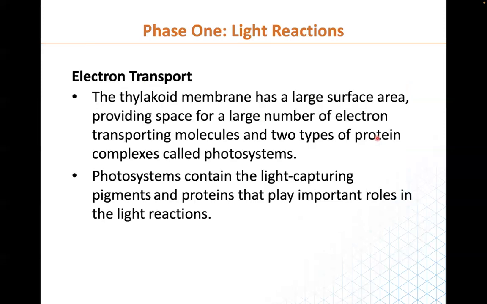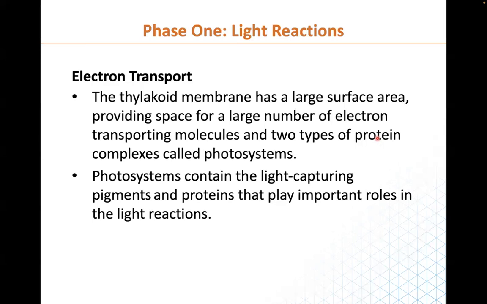Now let's talk about electron transport. Electron transport is almost similar to what happens in respiration, but it happens in a different place. The thylakoid membrane has a large surface area, providing space for a large number of electron transporting molecules and two types of protein complexes called the photosystems.